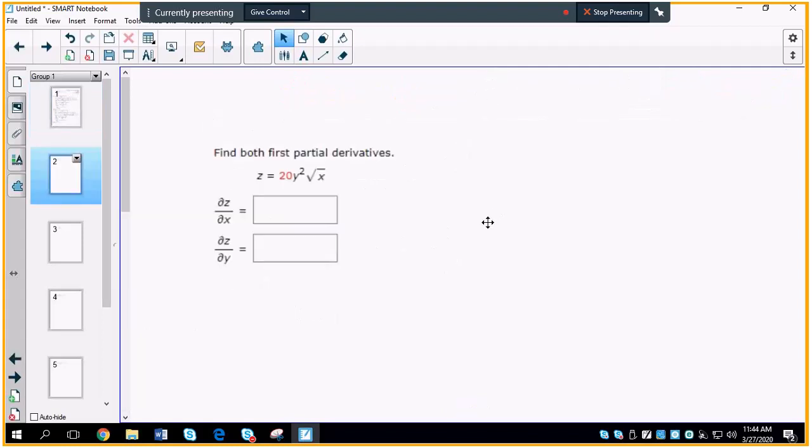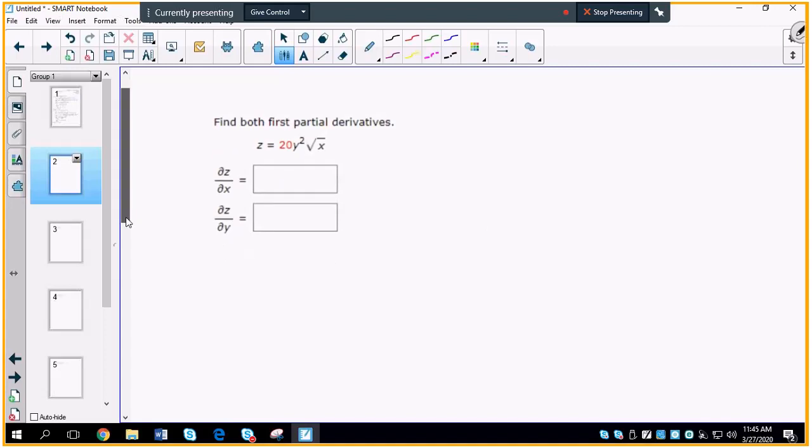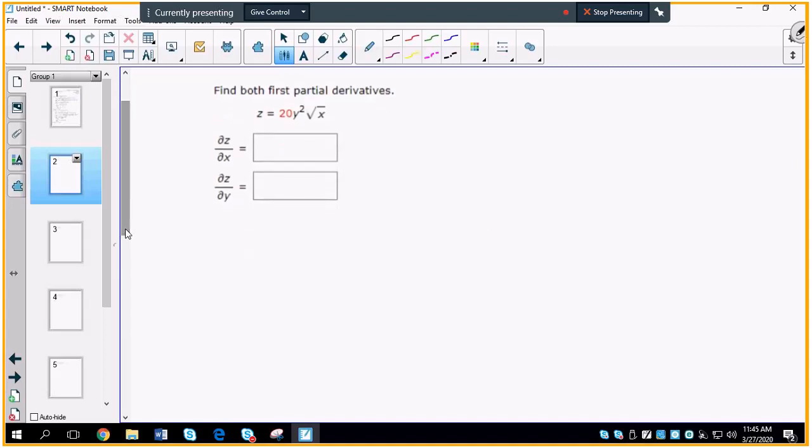So this second problem that we have on the handout is asking us to find the partial derivatives for a given function in two variables, x and y. And the first one says find del z del x. So find the partial with respect to x. So what do you do? You treat the y variable as a constant and use your regular derivative rules from Calculus 1 and 2. So let's try to do that.